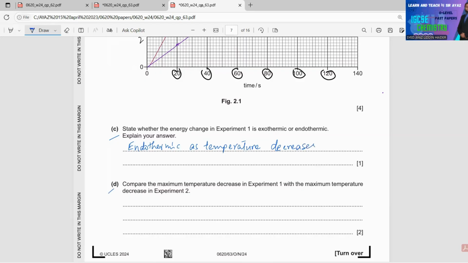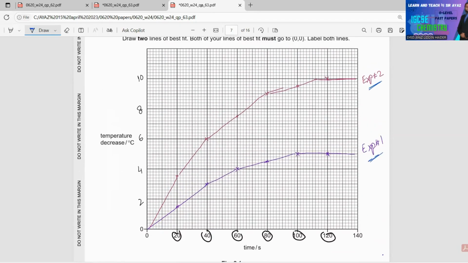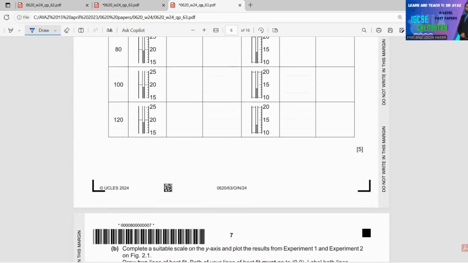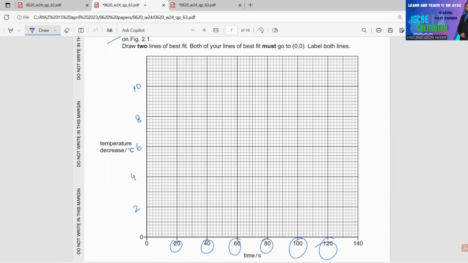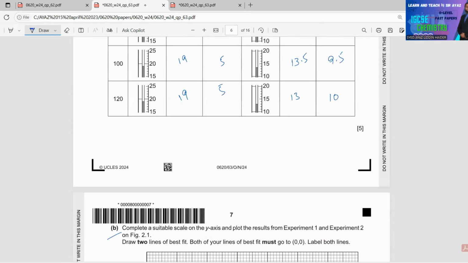Part D. Compare the maximum temperature degrees in experiment 1 with the maximum temperature degrees in experiment 2. So for experiment 1, the maximum degrees is 5. For experiment 2, it's 10.